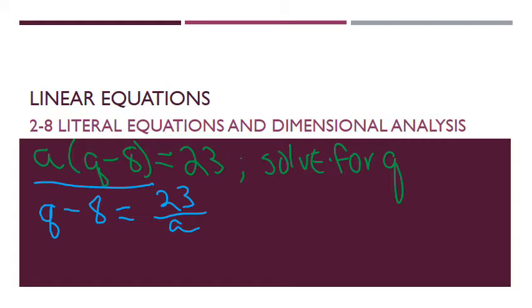Now, I don't have q isolated yet, but I can do so by adding 8 to both sides of the equation. And I would have q equals 23 over a plus 8.